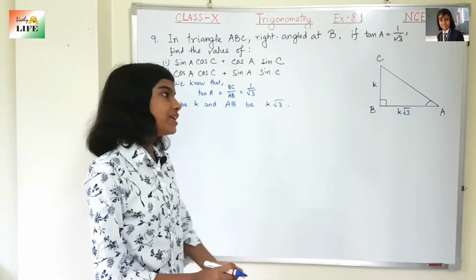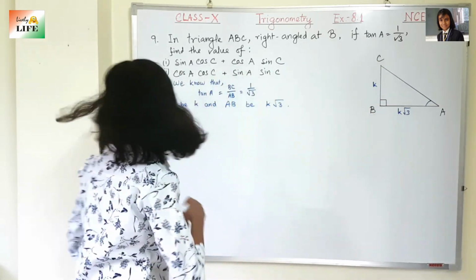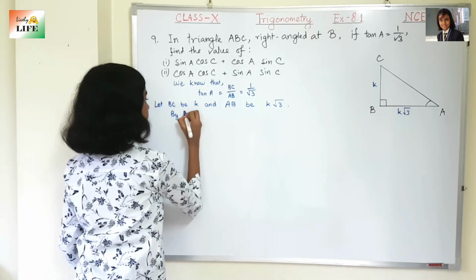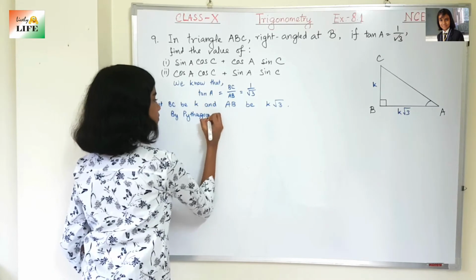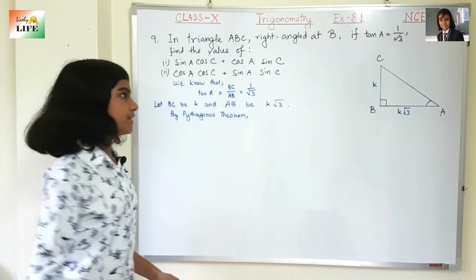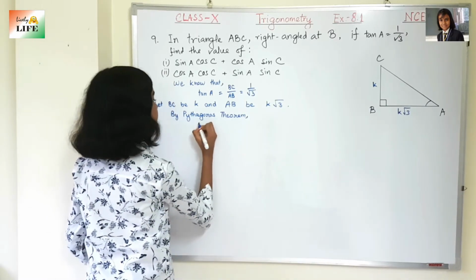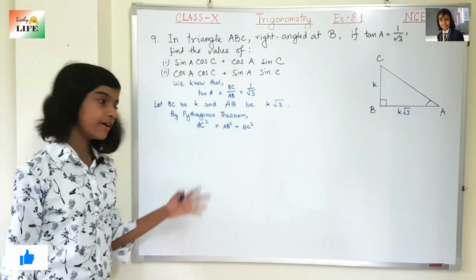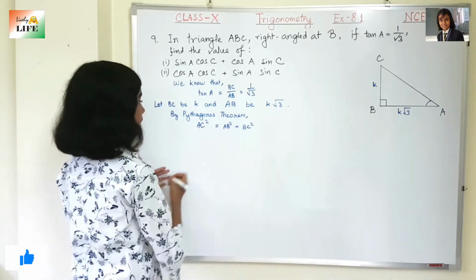Okay, now we need to find AC, right? So we are going to find AC by Pythagoras theorem. By Pythagoras theorem, what is the Pythagoras theorem? AC square is equal to AB square plus BC square.